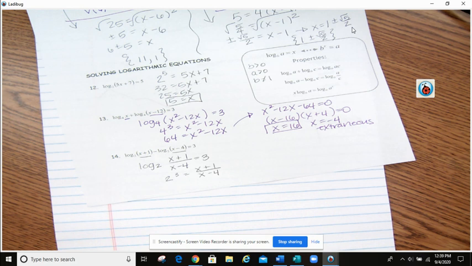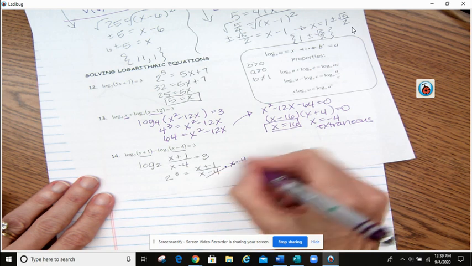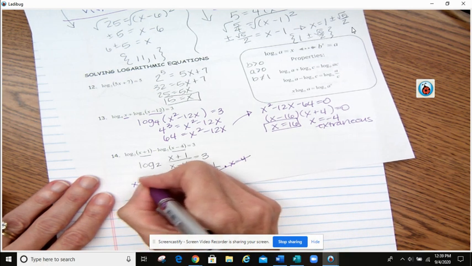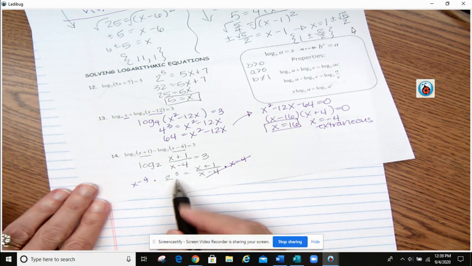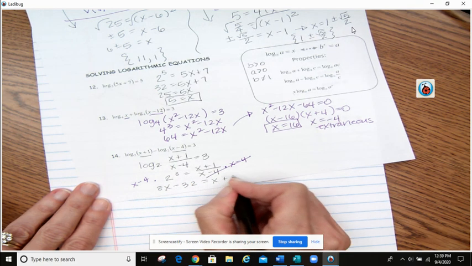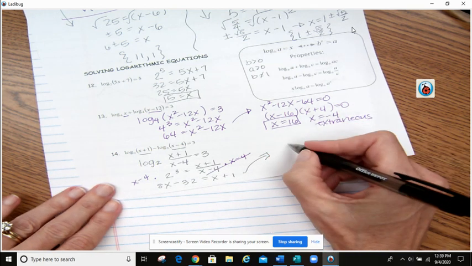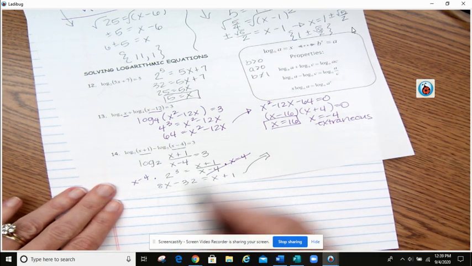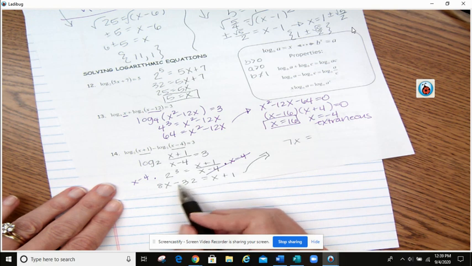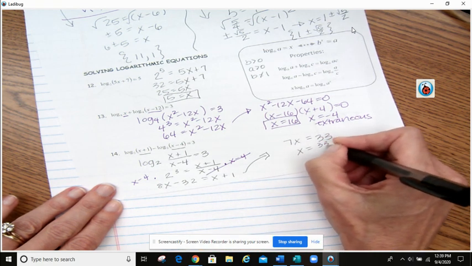Want to multiply both sides by the denominator so that it will cancel. 2 cubed is 8, so this is going to be 8x minus 32 equals x plus 1, and then I'm just going to continue to solve that equation. So when I subtract the x from both sides, I'm going to have 7x. If I add the 32, I'm going to have 33, and x equals 33/7.